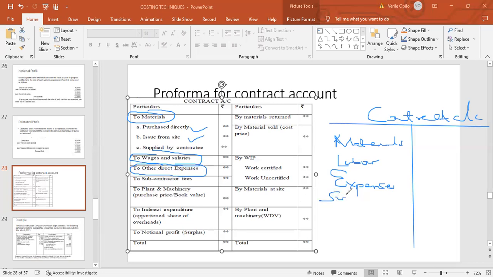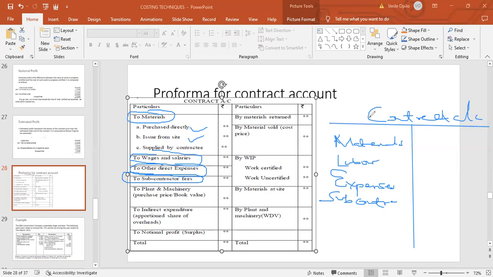We've talked about subcontractors. So any amounts that you have paid to the subcontractors, again, they're going to be treated as expenses. So you are going to include them in the contract account. So you come here and say, this is the subcontractor's fee that has been paid, and it is an expense to the company.